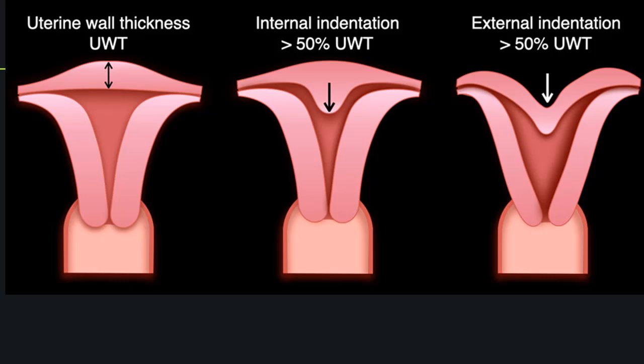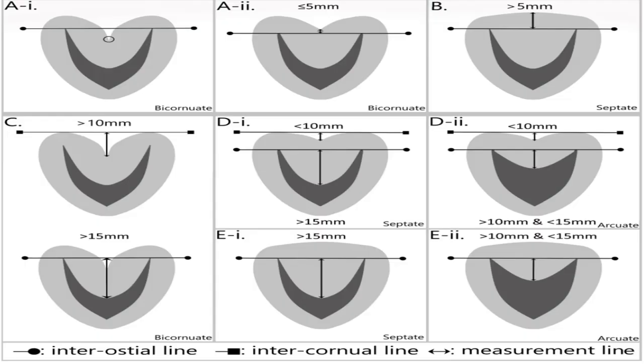When you talk about the ESG definition, then if the internal indentation is more than 50% of uterine wall thickness, then it is a septate uterus. If the external fundal indentation is more than 50% of the uterine wall thickness, it is a bicornuate uterus. Uterine wall thickness is always measured above the intercornual or interosteal line. Now, this is the diagram. You can go thoroughly through this diagram, which gives very nice information about the bicornuate and septate uterus.